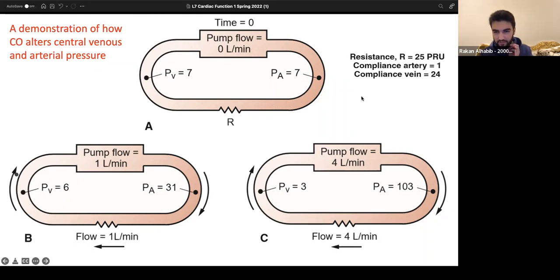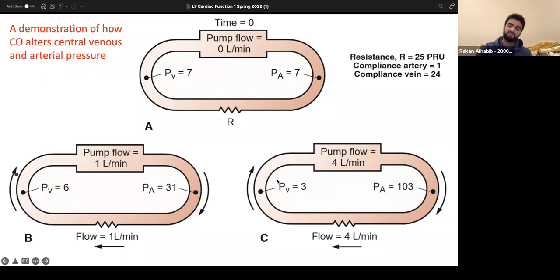So mean circulatory filling pressure. Basically it's just telling you that the veins are way more compliant than the arteries. And then here he just says that if I put 4 liters, the pressure becomes 103 because you just considered 4 times the 24, and then we add them onto the actual mean circulatory filling pressure, which is the pressure exerted on the vessels without any help by the heart, and which in here is 103.